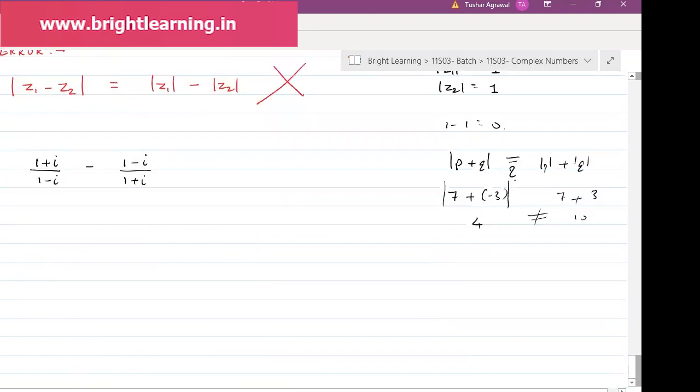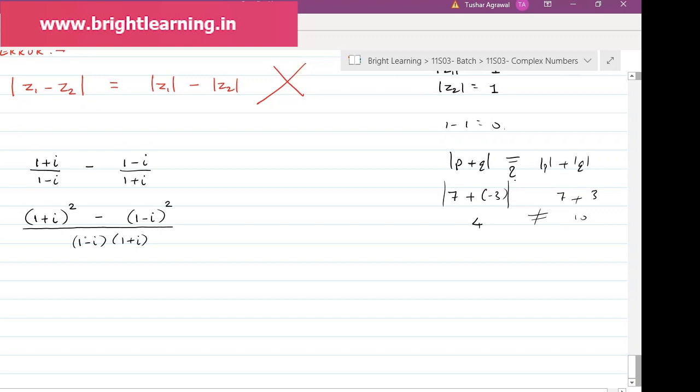This is equal to (1 plus i) whole square minus (1 minus i) whole square, divided by (1 minus i) into (1 plus i).